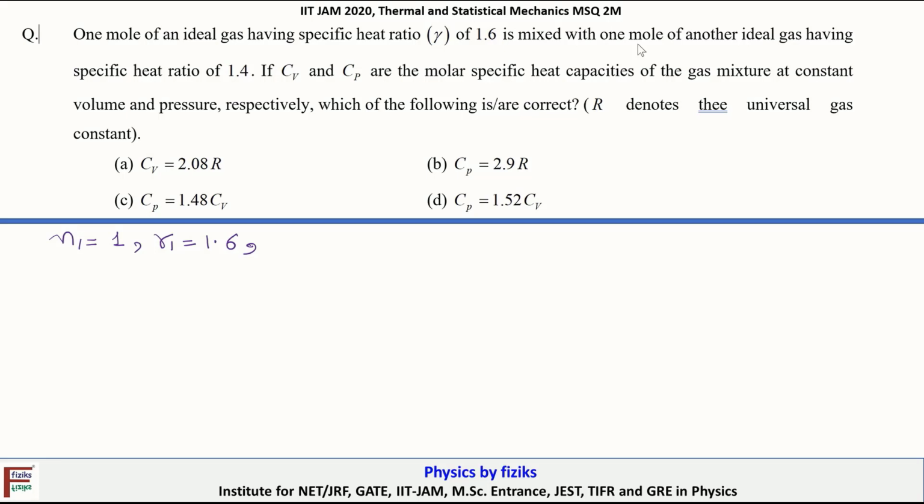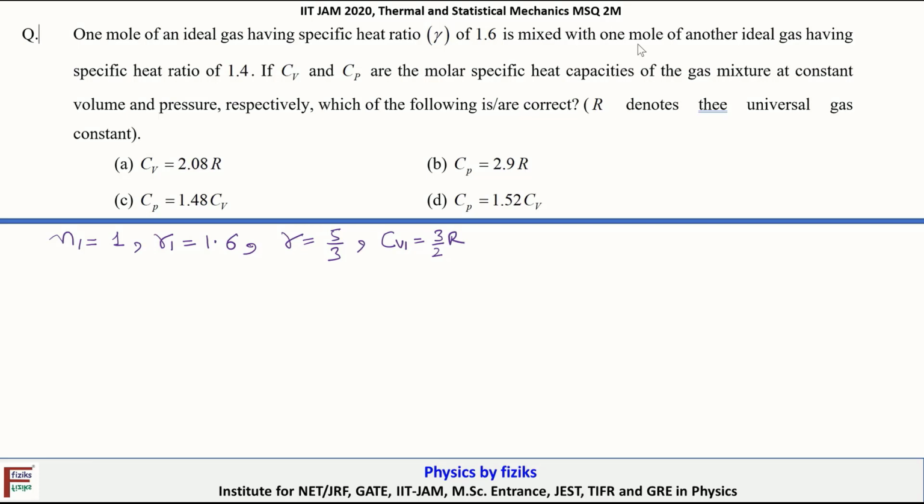So here this value of 1.6 is roughly equal to a gamma value of 5/3, which corresponds to a monatomic gas. So we can conclude that the heat capacity at constant volume for this particular case is going to be 3/2 R per mole.